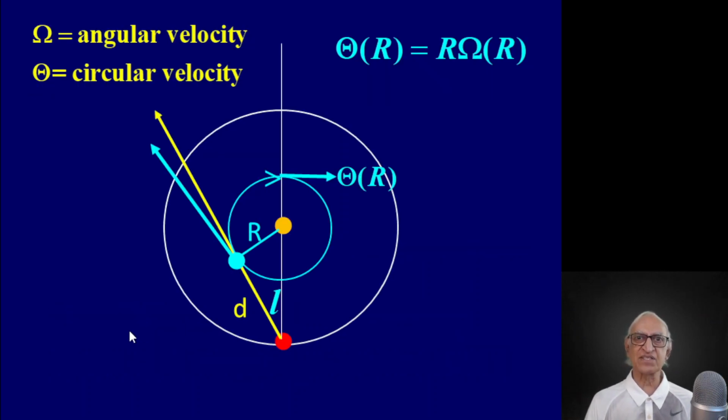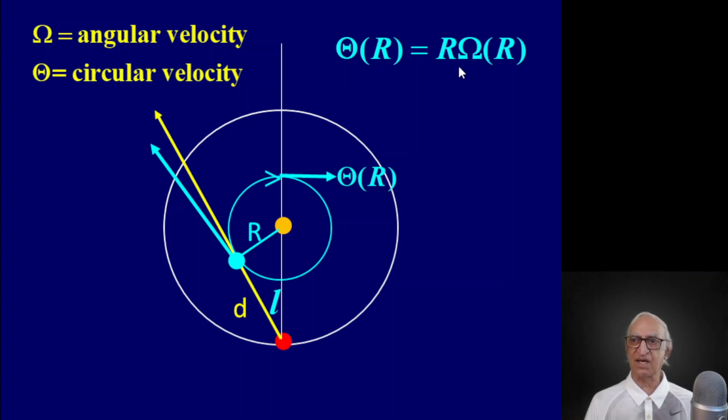So let us first get the geometry right. Here is the sun. It is going around the center of the galaxy with a certain angular velocity omega sun. It has a circular velocity which is tangential to this circle, denoted by theta, theta subscript sun for the sun. The relationship, of course, is that the circular velocity, the tangential velocity theta of r, is equal to r omega.